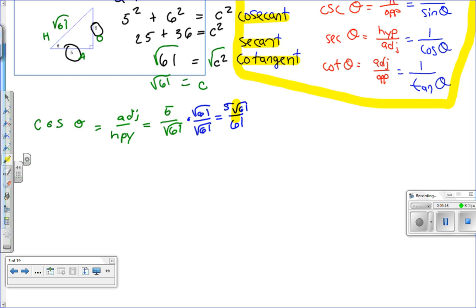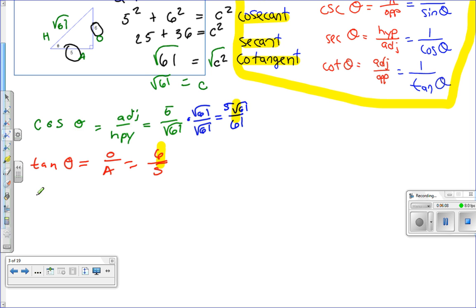Now we've got to jump over to the next one on the list, which was tangent. So tangent of theta is equal to opposite over adjacent, which is going to be, in this case, 6 over 5. And you know what? We're done. That one's done. That was easy, okay? And now we're going to do cosecant.